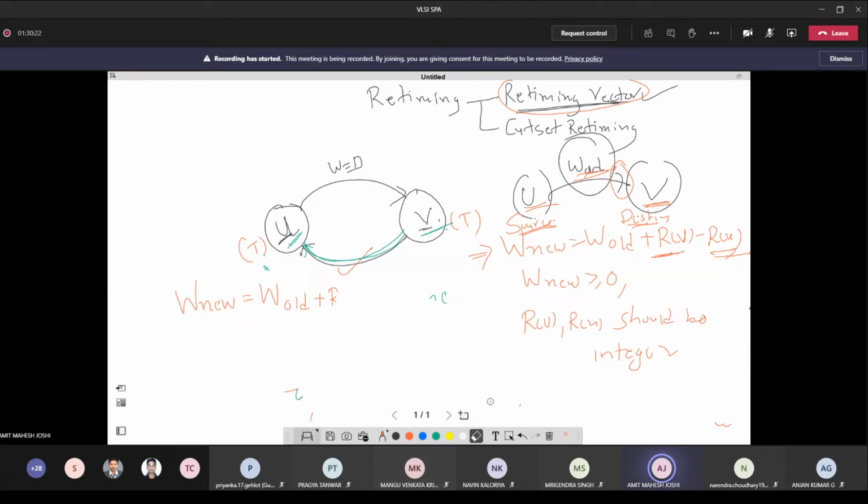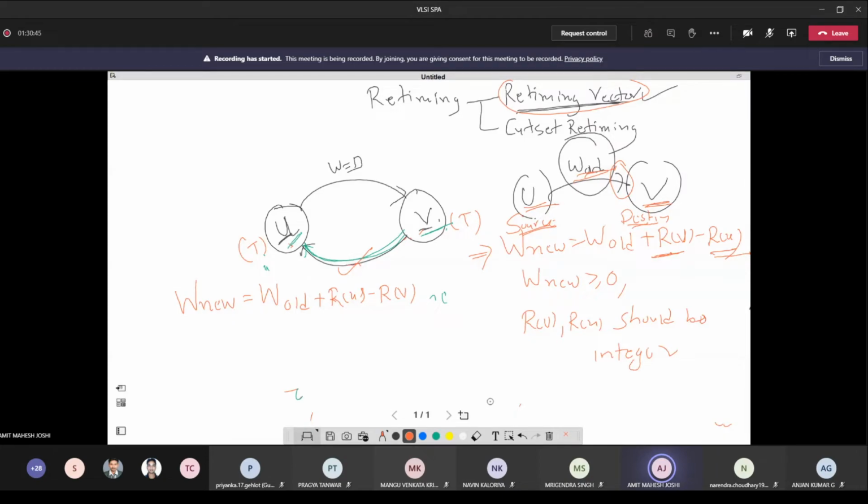Because for this edge the destination is U, the data is flowing from V to U. What I want to do over here: this is a delay free path.